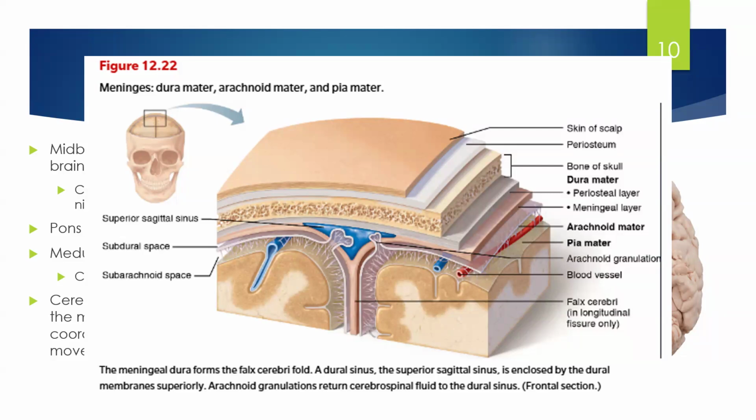It is pretty much the first layer of protection for your brain, because we're going from skull straight to the dura mater. That's why any sort of injury to the head is to be taken very seriously, because this is all that is protecting your brain.